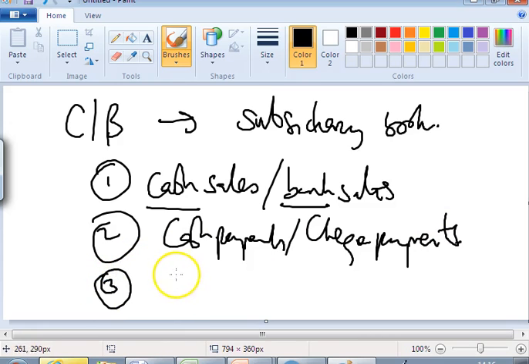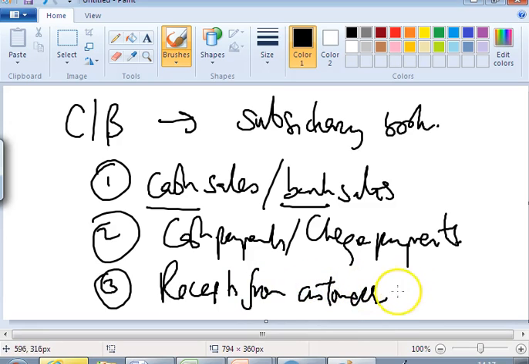Thirdly, we also use it to record receipts from customers. Yes, receipts from customers. So we have sold to some people on credit, and that's the first transaction where an asset goes up, trade receivable, and income goes up, credit sale. And then we receive money from them. So an asset goes up, money, either cash or bank, most likely bank, and trade receivable goes down.